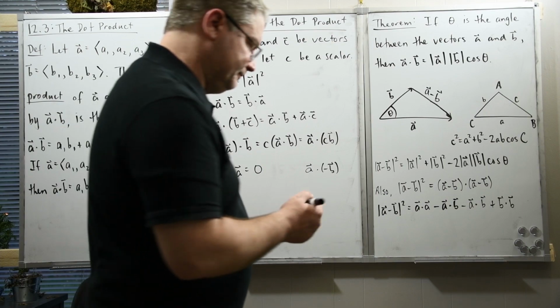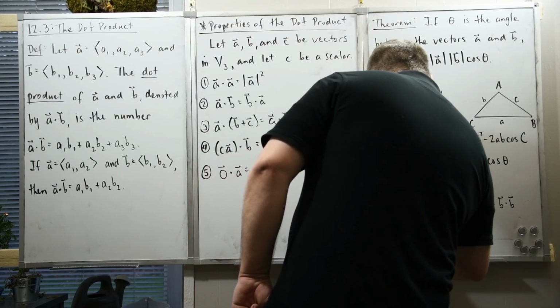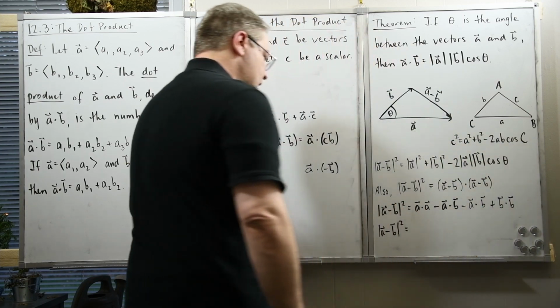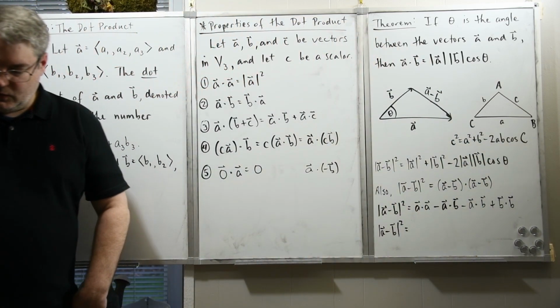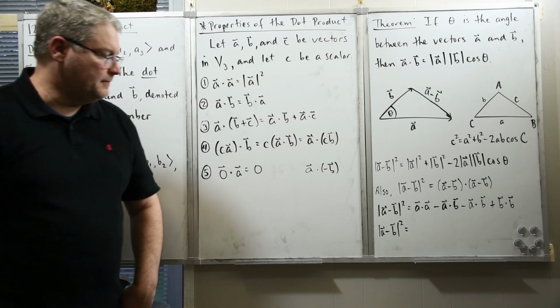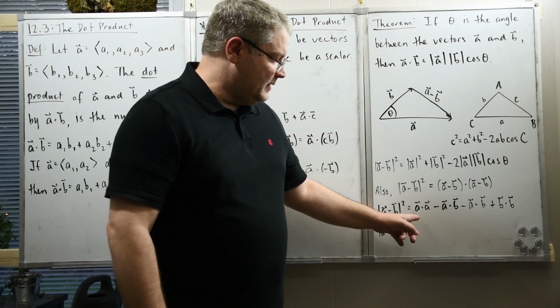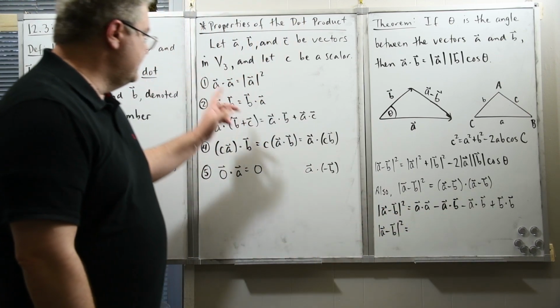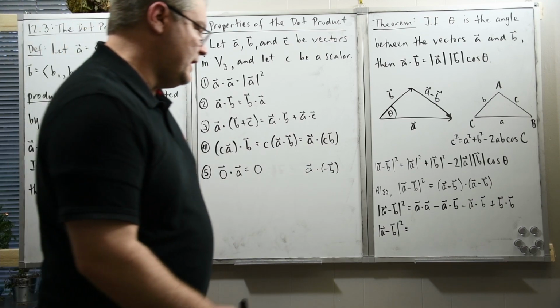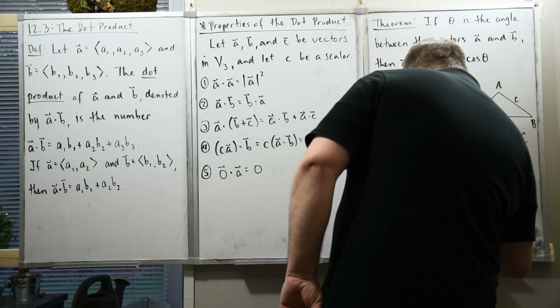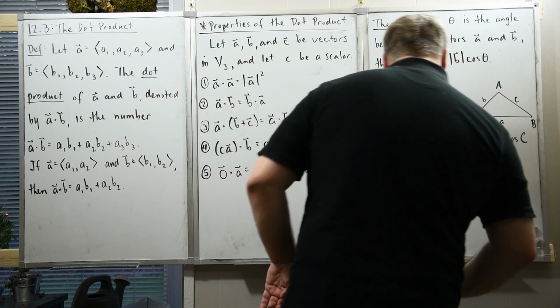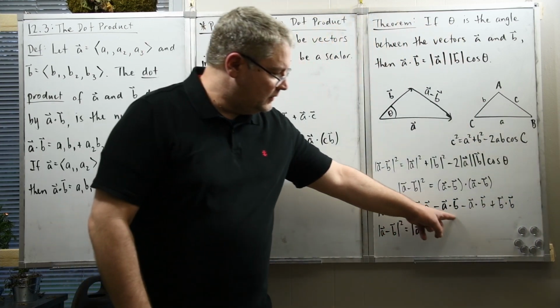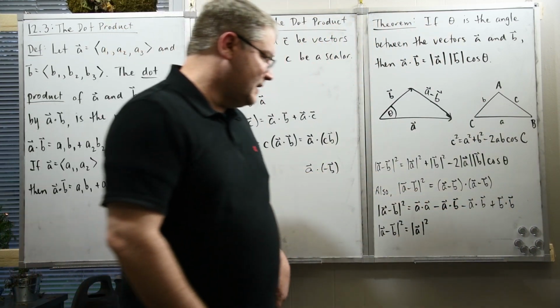Now, this means that the square of the magnitude of a minus b can be rewritten because you know that a dot a is the same thing as the square of the magnitude of a. Take these two together, we have negative 2 times a dot b.